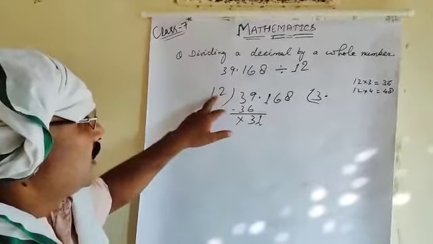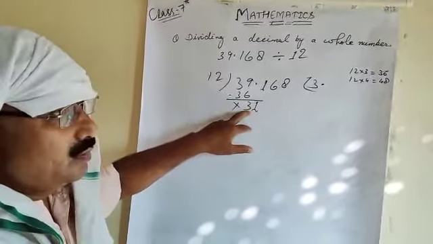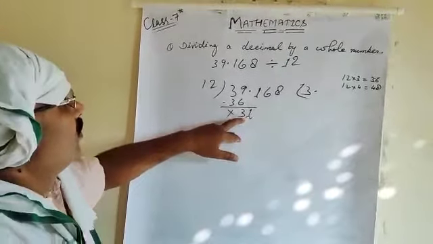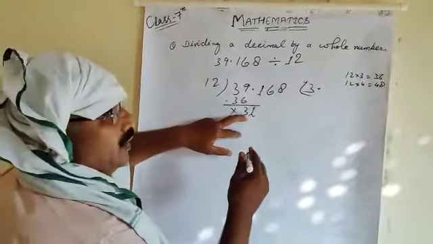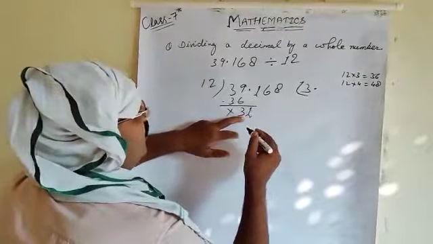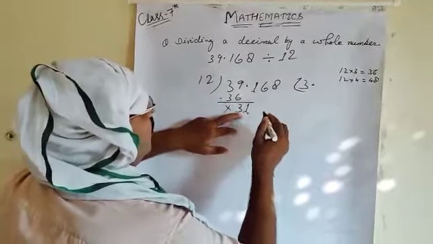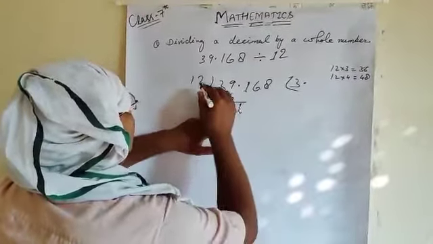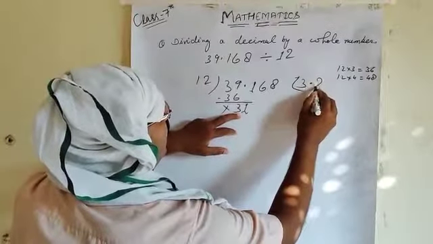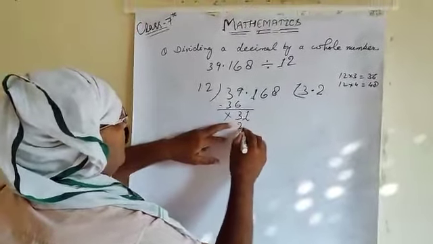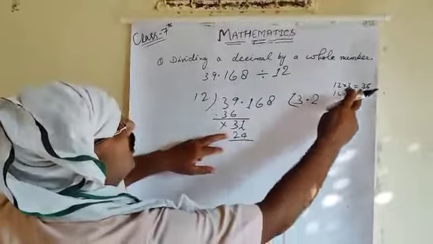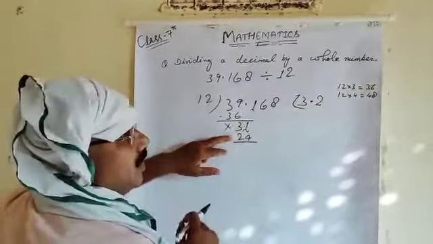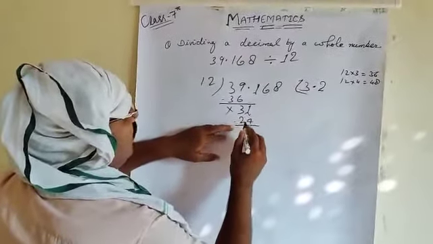So you will read the table of 12 to reach 31 or less than 31. In this way you can read the table of 12 up to 2 times. 12 2s are 24 and 12 3s are already 36, which is greater than 31. So now subtract it.